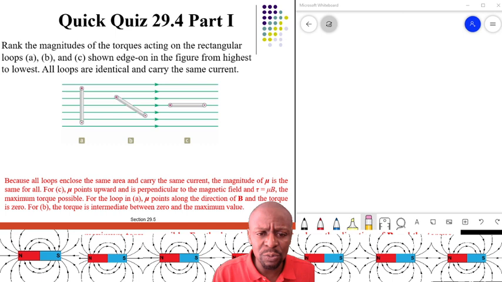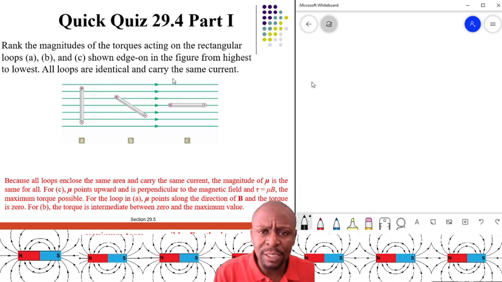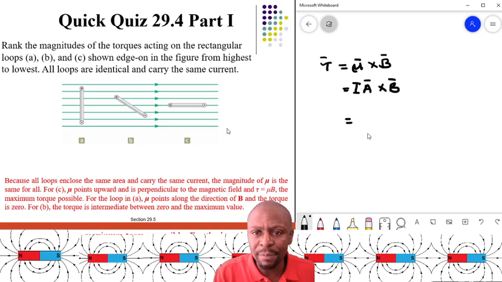I just want to remind you that the torque is given by mu cross B. But what is this mu? Mu is given as I times vector A. Now, the cross product is given by the sine of the angle between them. If I want the magnitude of the torque, this is just going to give IAB sine of the angle between them.